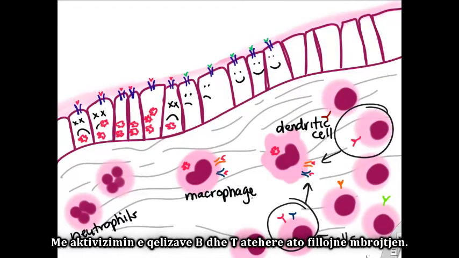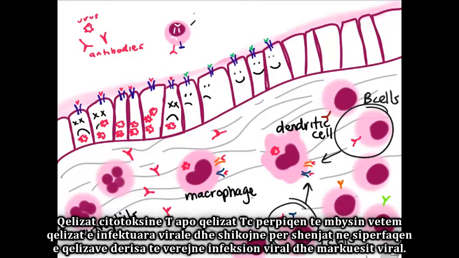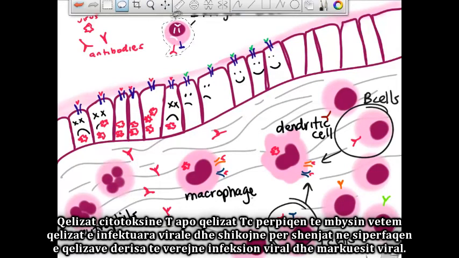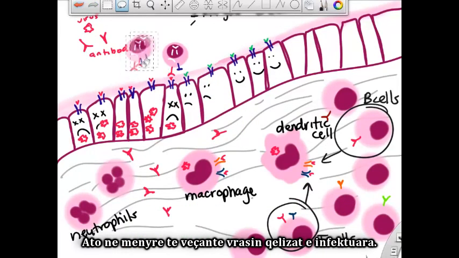Once those T cells and B cells become activated, then they'll defend you. The B cells will make the antibodies specific for that virus and the virus markers that you've been infected with. The cytotoxic T cells, or TC cells, well, they're going to try to kill only your viral infected cells, and they'll look at markers on the surface of your cells until they detect viral infected cells and virus markers, and they'll specifically kill those cells which have been infected.